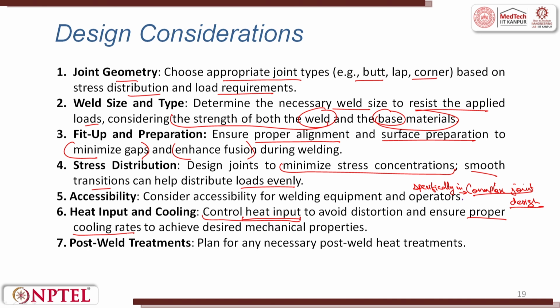Post weld treatment. Plan for any necessary post weld treatments, that is post weld heat treatments. So, this is there to have joint integrity and performance as per the requirement.